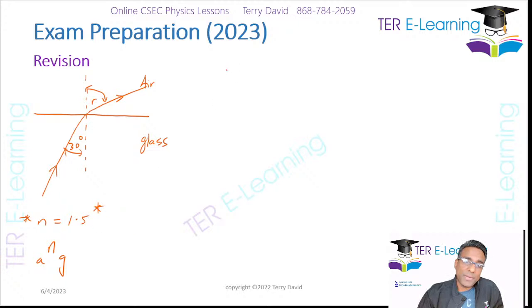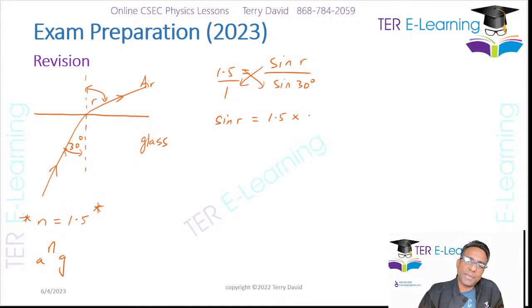So what we have to do is think of the ray of light moving in the reverse direction. So you put 1.5 equals sine, I'm going to call this r here, over sine 30. Now I'm going to cross multiply, so sine r is equal to 1.5 multiplied by sine 30 degrees.